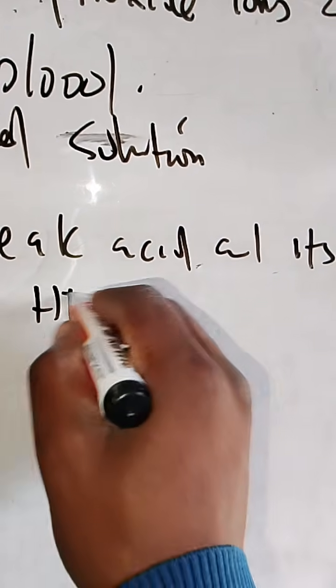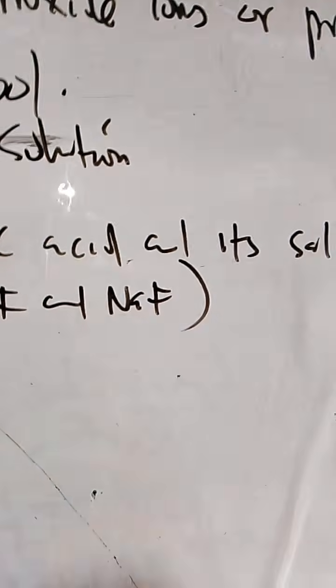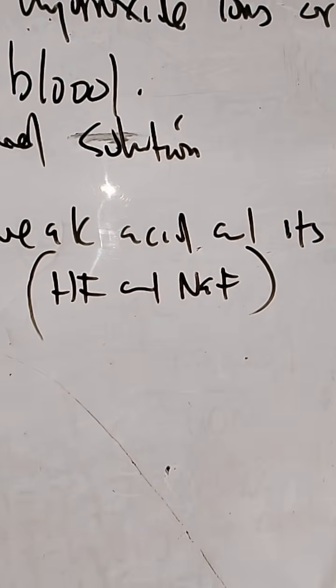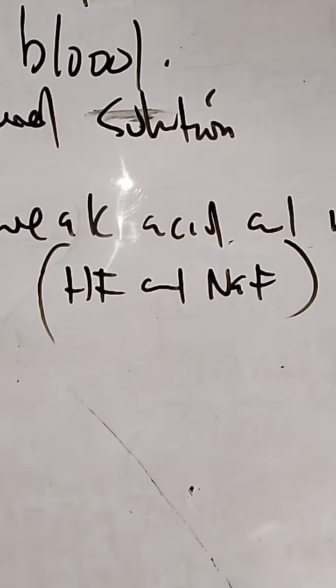For example, like the one that we have looked at, hydrofluoric acid and sodium fluoride. This forms a buffer. Okay, and here there's a common ion. That is the fluoride ion.